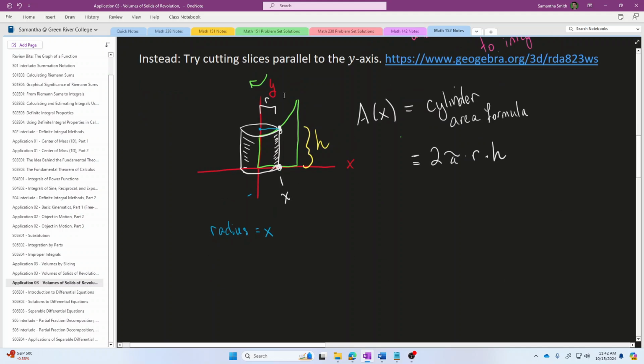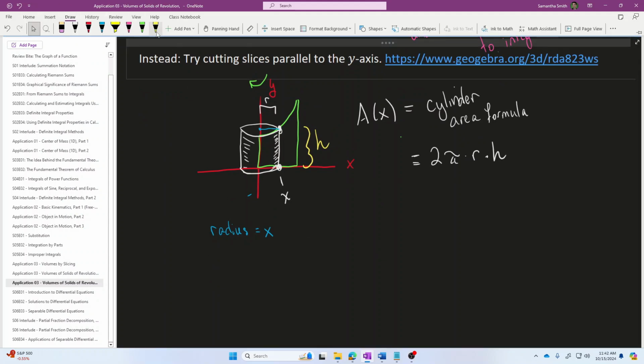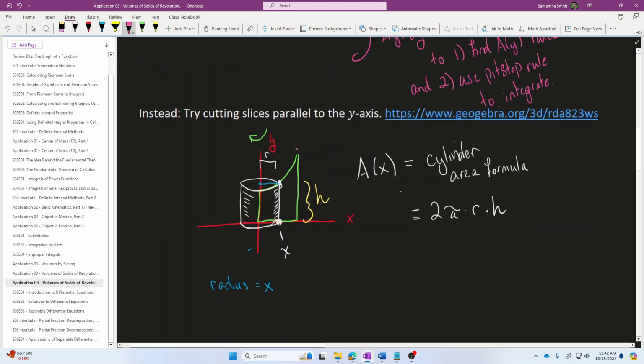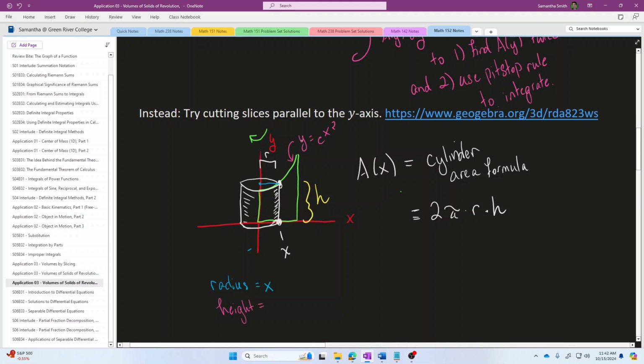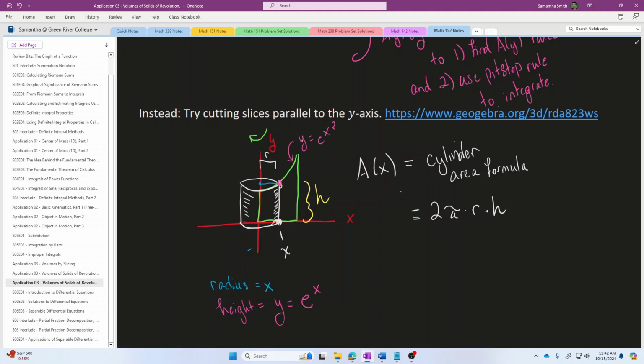Now, in terms of the height of the cylinder, it looks like it is stretching from y equals 0 at the bottom to y equals our exponential function at the top. So it looks like the height of the cylinder is an exact match to the y coordinate of that upper corner here. And expressed as a function of x, this would be e to the x squared.